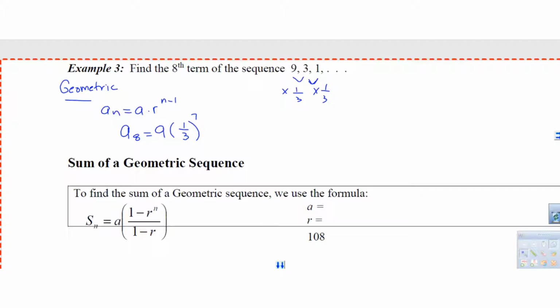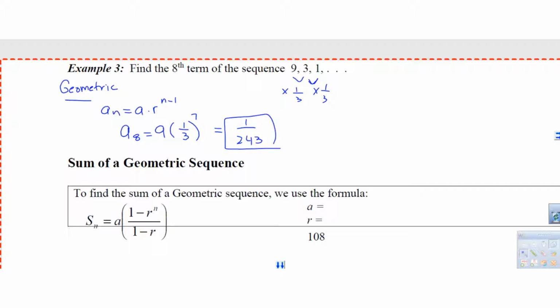No. What you're going to do now is hit second, then hit PRB, and then hit enter, and the calculator tells you that that is 1 over 243.